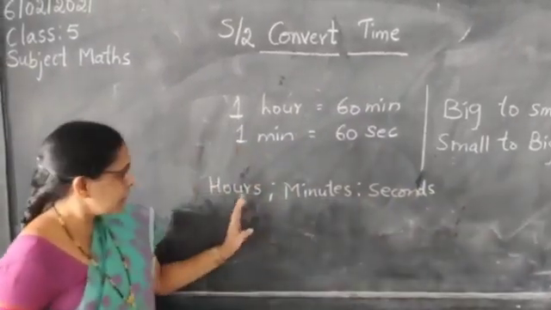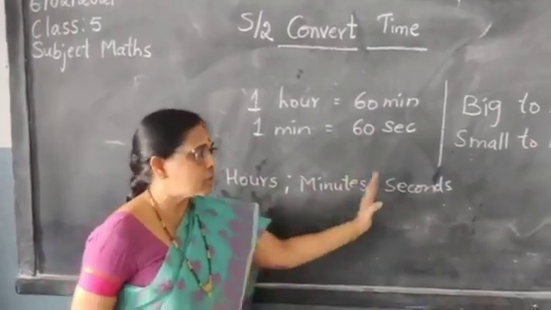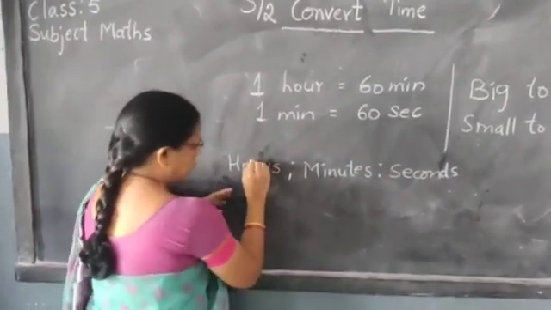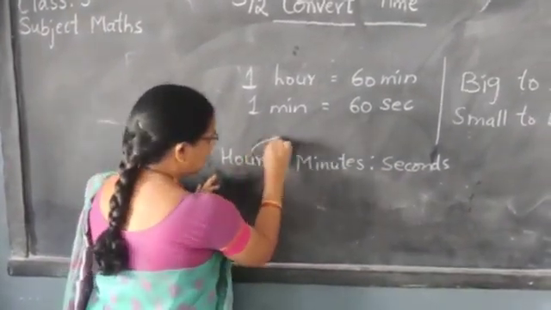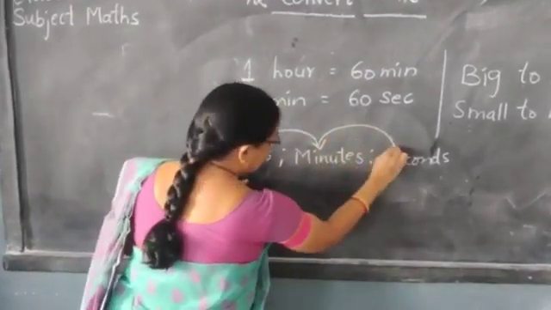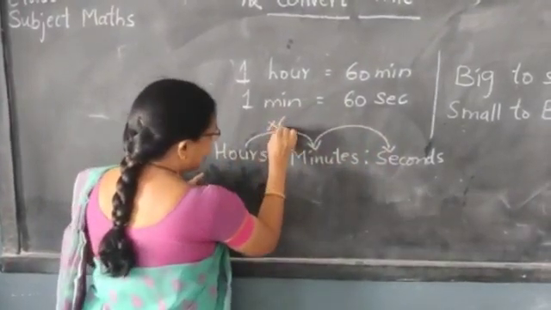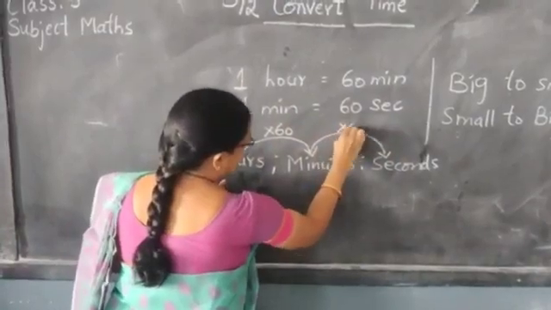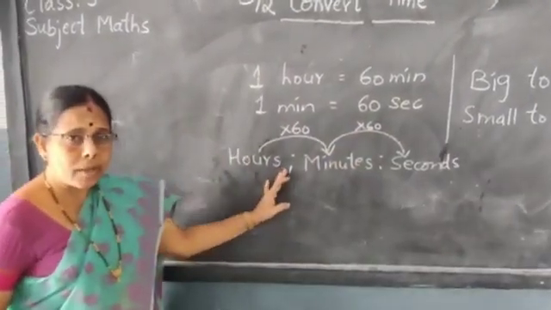So when you are converting hours to minutes, minutes to seconds, bigger unit to smaller unit, you have to multiply by 60.